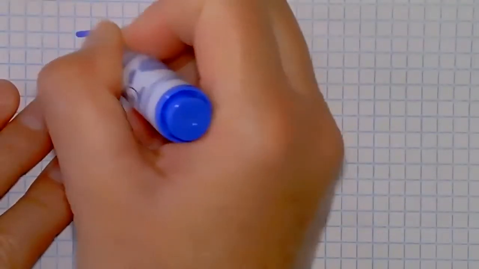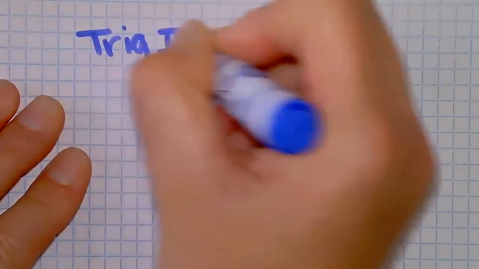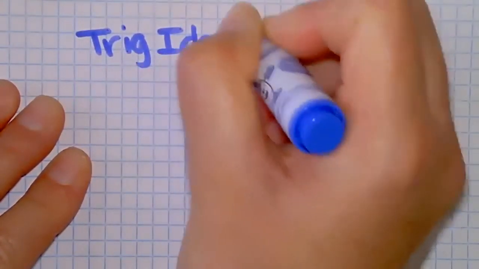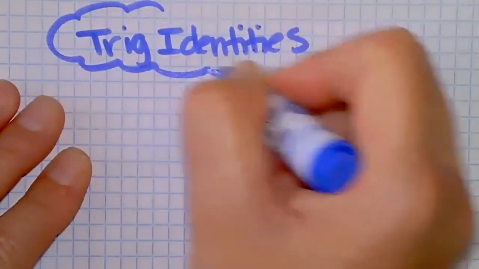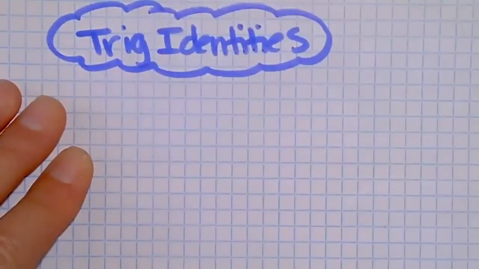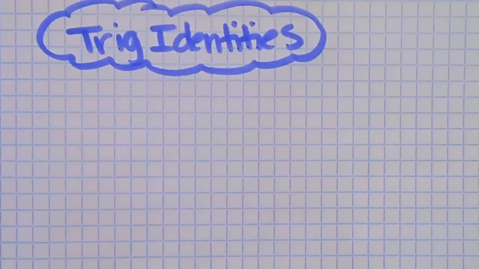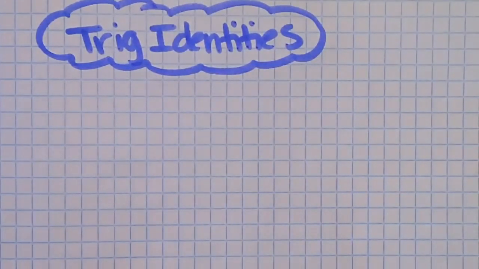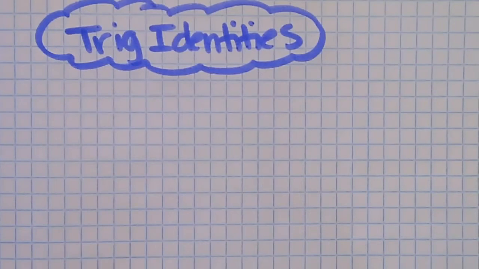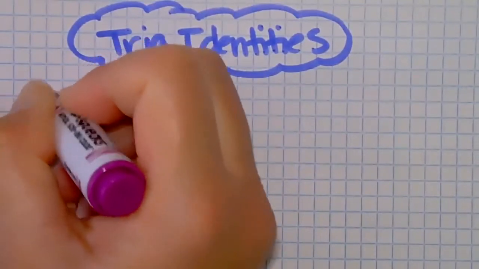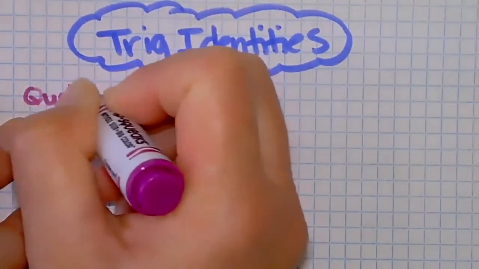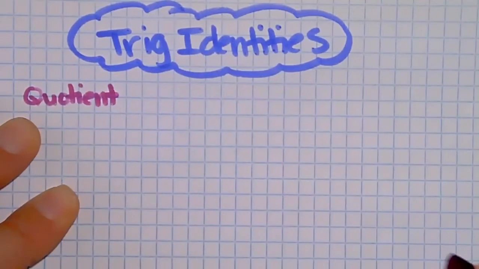Okay, so I'm just going to title this trig identities because I am going to be listing more than just the Pythagorean. And the first ones I'm going to talk about, we've already seen before, but I'm just going to mention them here. Quotient identities.